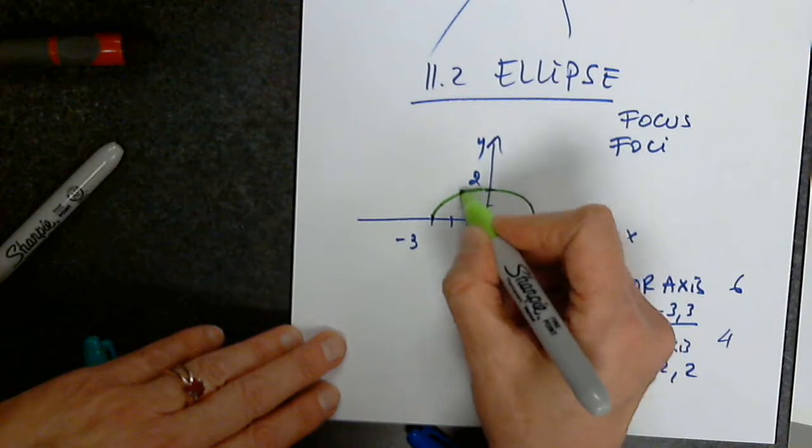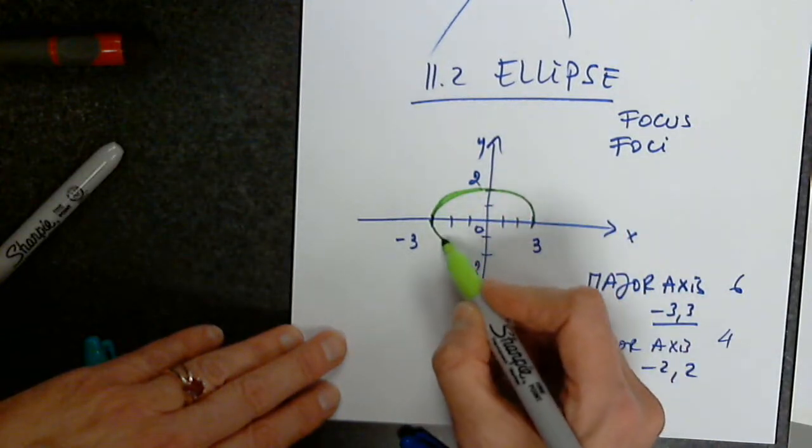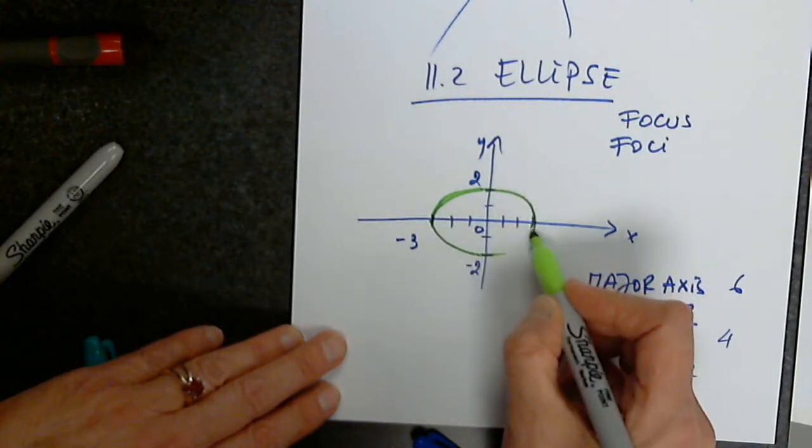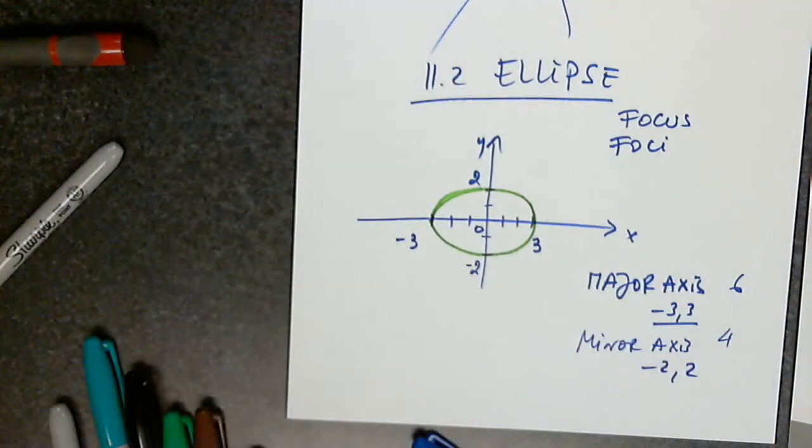Centered at the origin, with the major axis on the x-axis, because it can be the other way around. It can have the major axis on the y-axis.